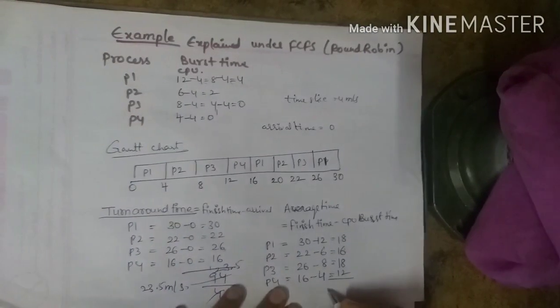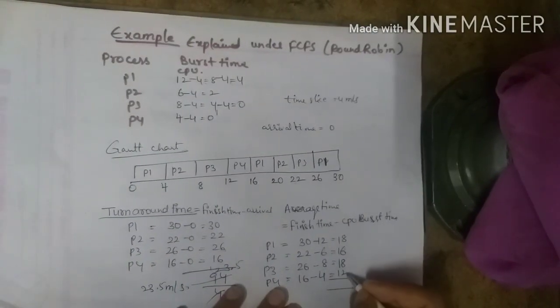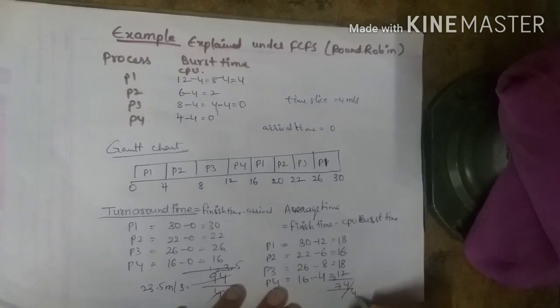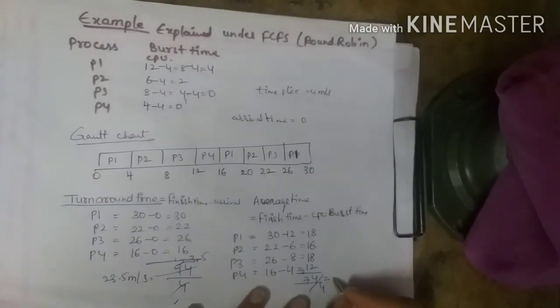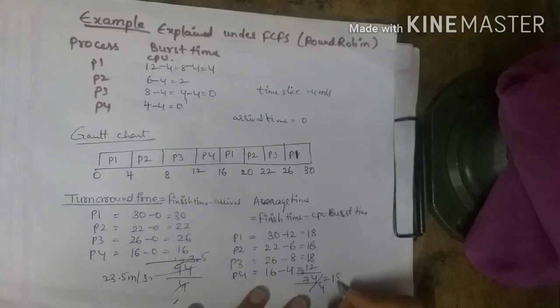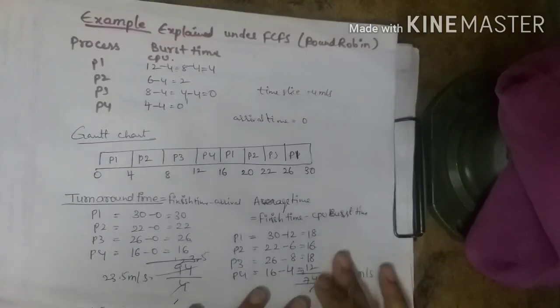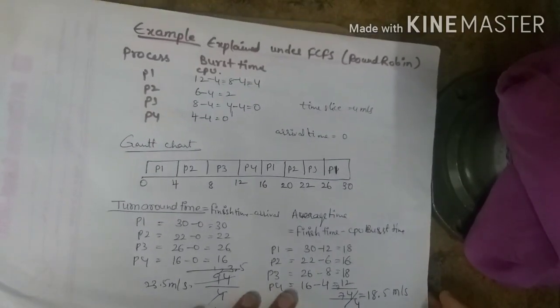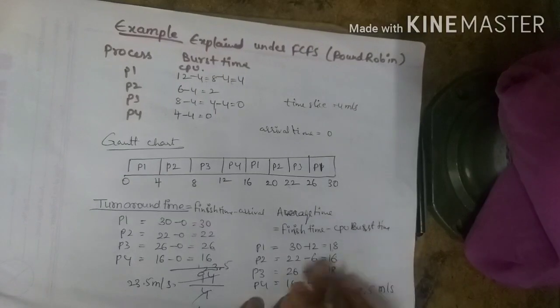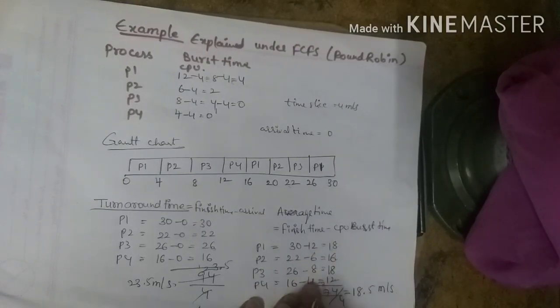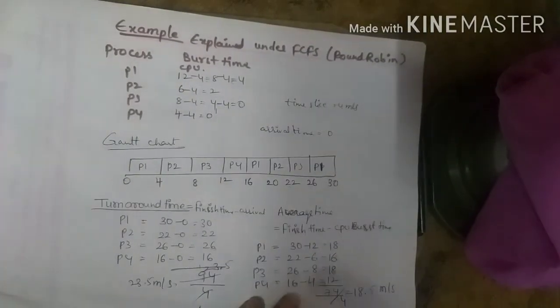Now we will calculate this. 18 plus 16 plus 18 plus 12, divided by 4. So 18.5 milliseconds is the average waiting time for the round robin algorithm.